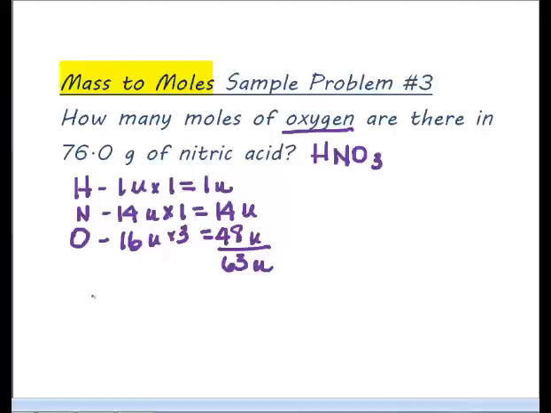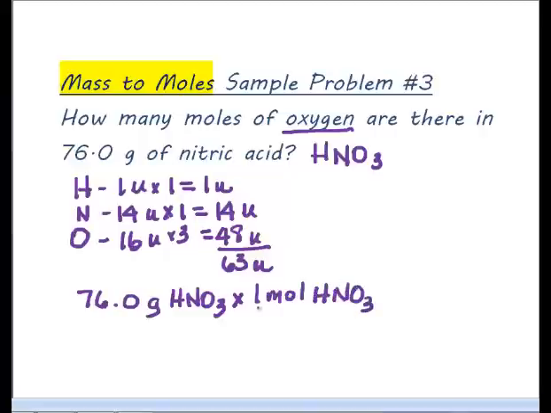Okay? And so what we've got here are 76.0 grams of nitric acid. We're going to convert to moles. 1 mole of nitric acid is 63 grams. So put 63 grams down here.